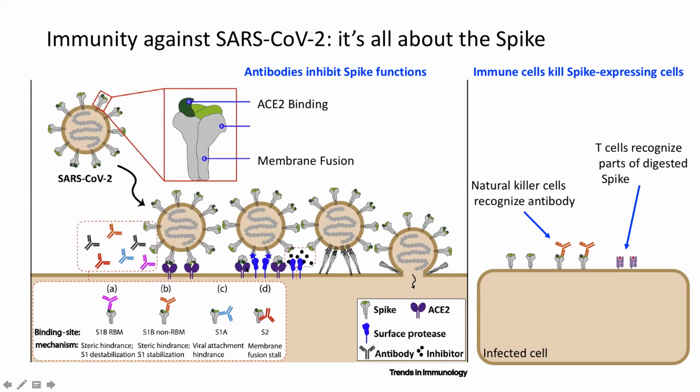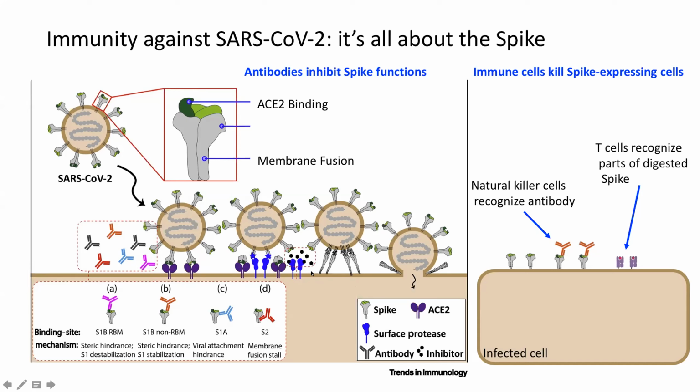Then different enzymes on the host cell help activate that spike and allow it to mediate this conformational change, which is kind of like a harpoon, where the spike extends out its structure and stabs part of its protein structure within the lipid bilayer of a host cell.